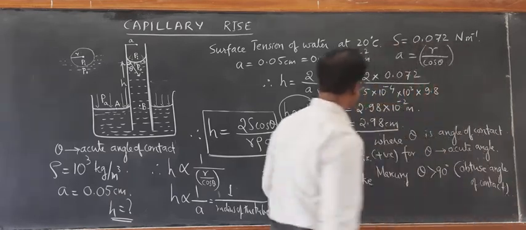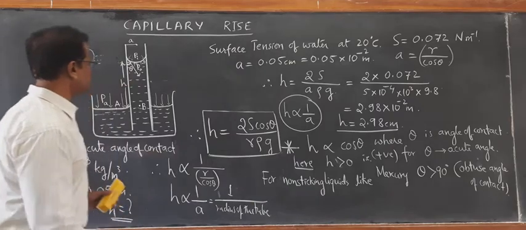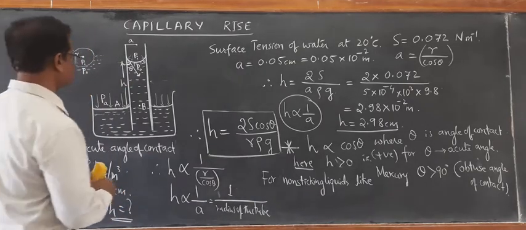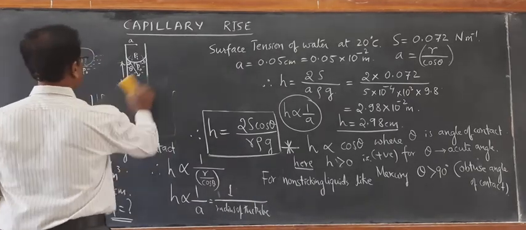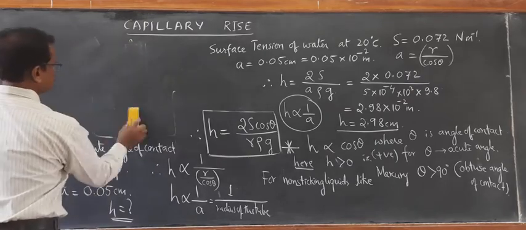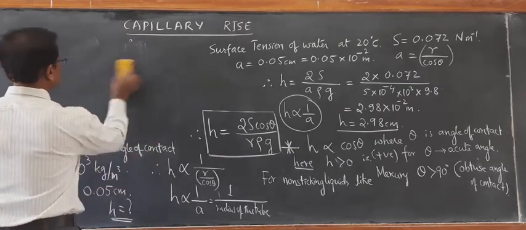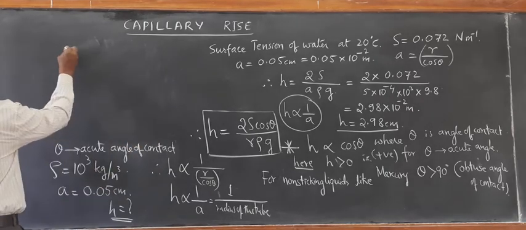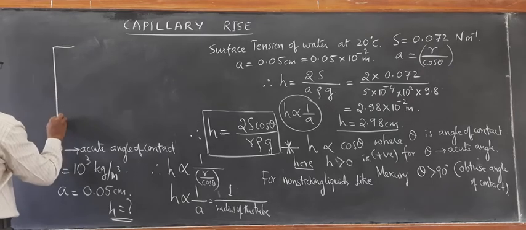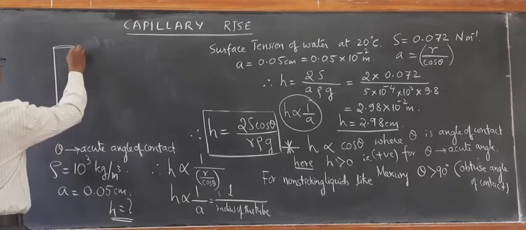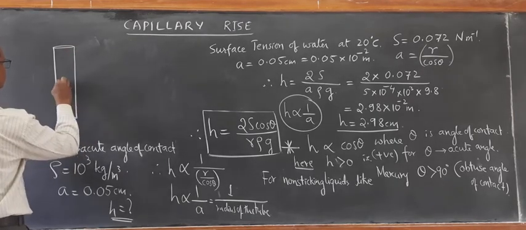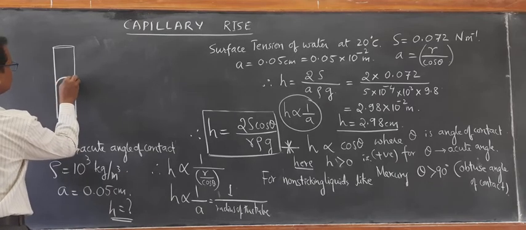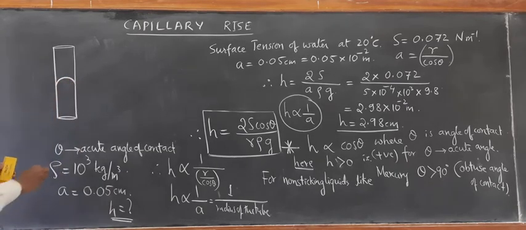So when there is obtuse angle of contact, what happens? Very interesting result takes place. For obtuse angle of contact, see, mercury like liquid when it is taken in a capillary tube, it will form an obtuse angle.